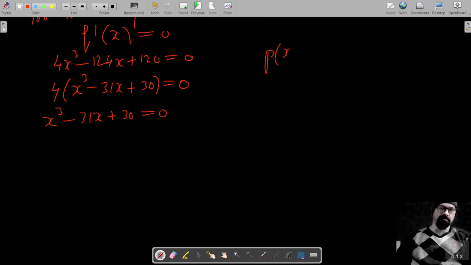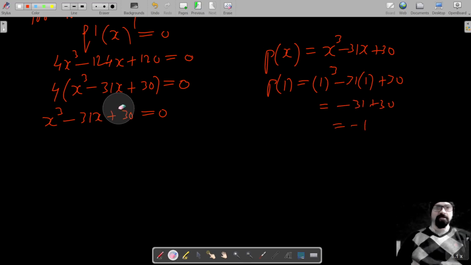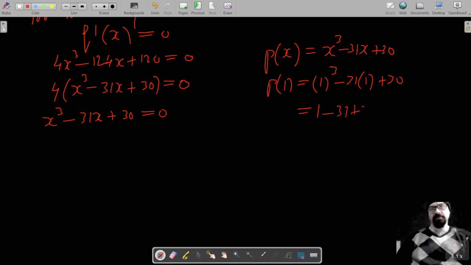So let's consider p of x is equal to x cubed minus 31x plus 30, and the value of this function at x equal to 1 is 1 minus 31 plus 30, which is equal to negative 30 plus 30 is equal to 0.